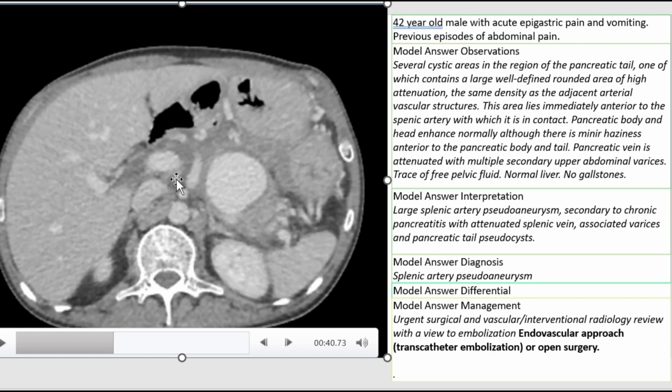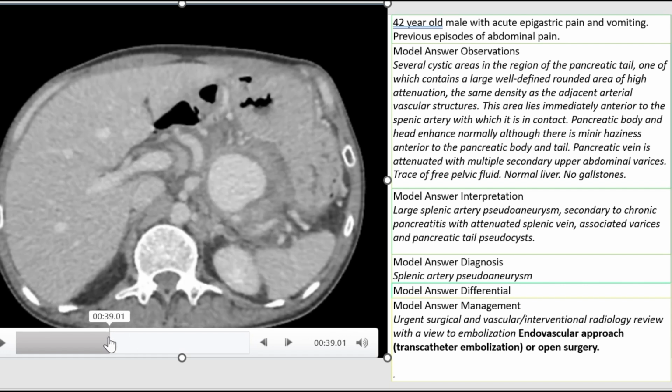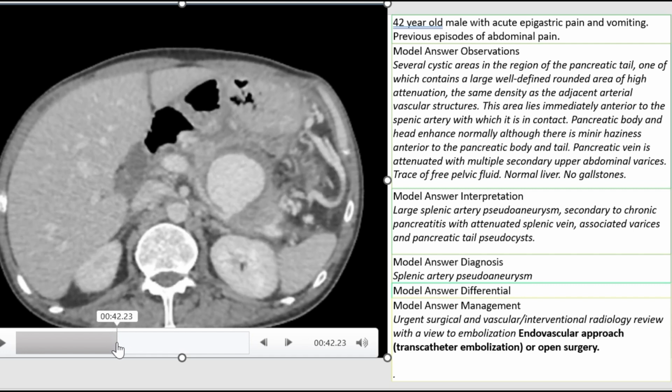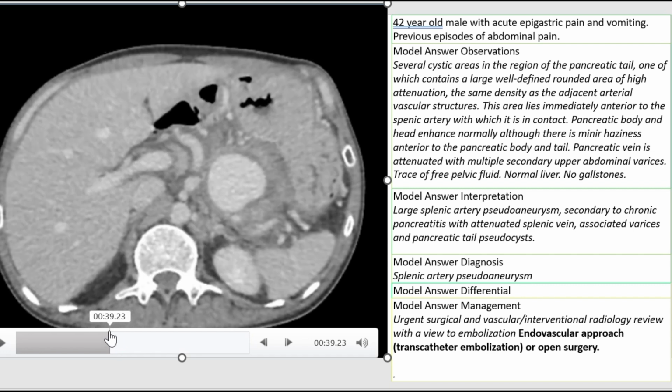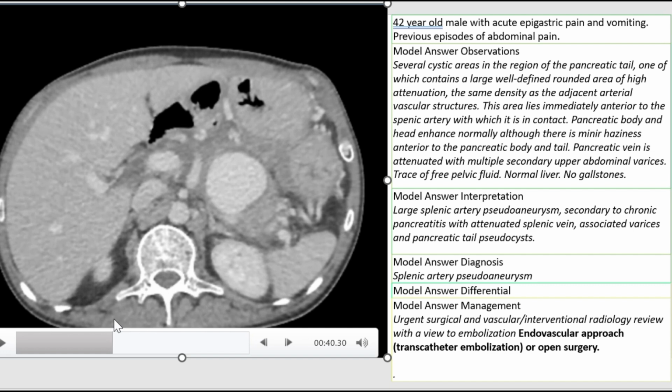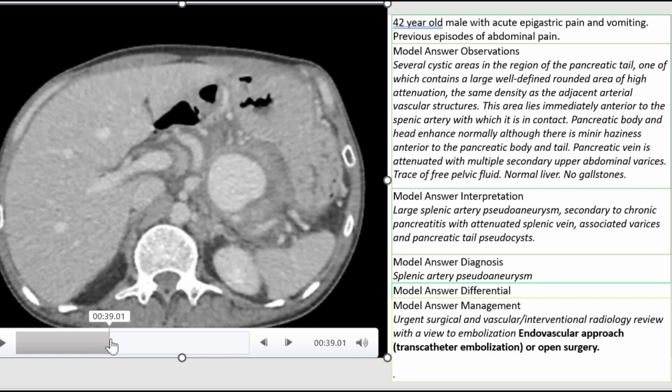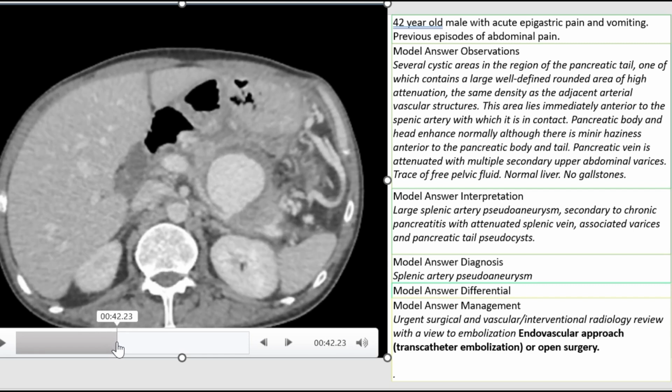And this is the splenic artery. Both of these arteries originate from the celiac trunk. Again, the celiac trunk gives the common hepatic artery. This is the common hepatic artery. And this is the splenic artery.